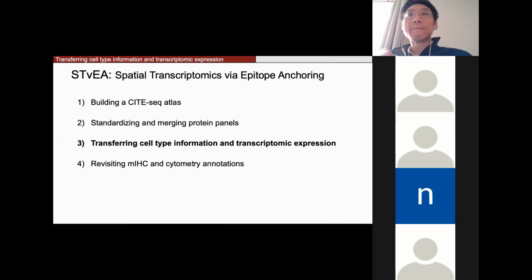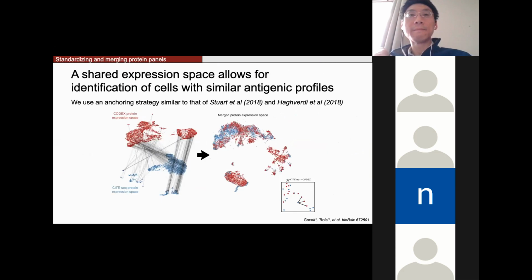We split it into 8 chunks and mapped each of the 8 individually and then concatenated them, because you're right, it does map a little better with two data sets that are a similar size. So we split the Codex data set into 8 pieces of around the same size as our CiteSeq data set, mapped each of those individually, and concatenated the resulting space. Yeah, that's exactly what we did.